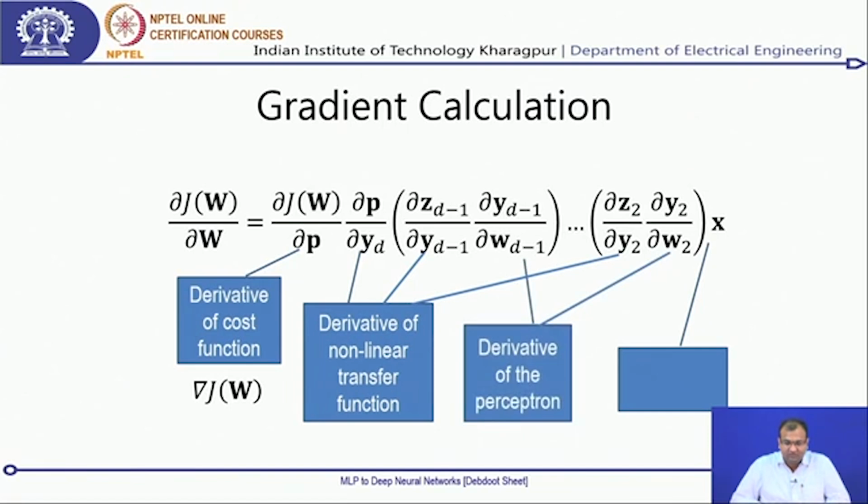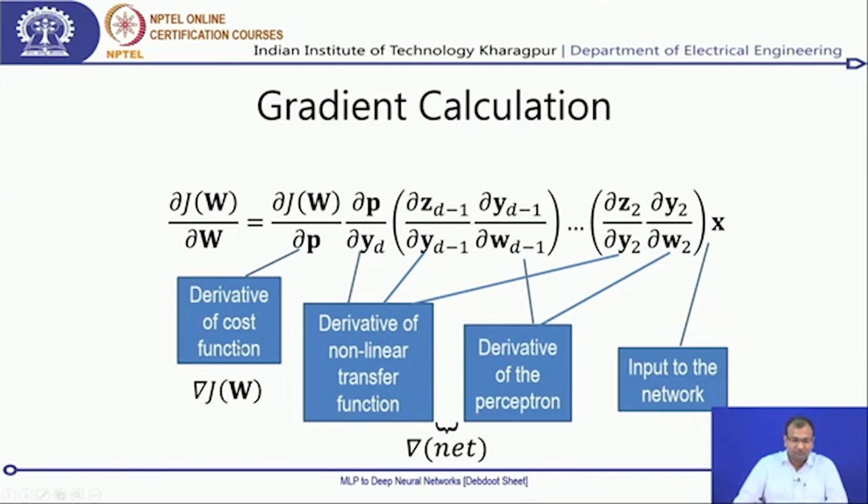The other part is the derivative of the perceptron itself, which together is what is called the derivative of the network, and finally there is the input to the network, which is my x. So, these together constitute any sort of learning mechanism within a multilayer perceptron or any kind of deep neural network.